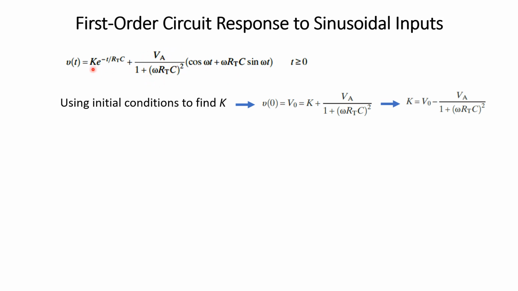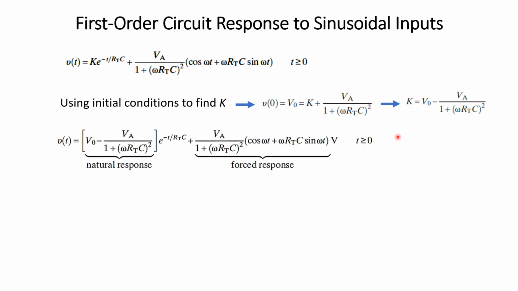So here we will have K plus VA over 1 plus (omega RC) whole square equal to V at t equal to 0. V at t equal to 0, we use symbolically as V naught. So from here we can find K. Knowing the value of K, this is the complete response. In this complete response, this is the natural response, and this is the forced response.